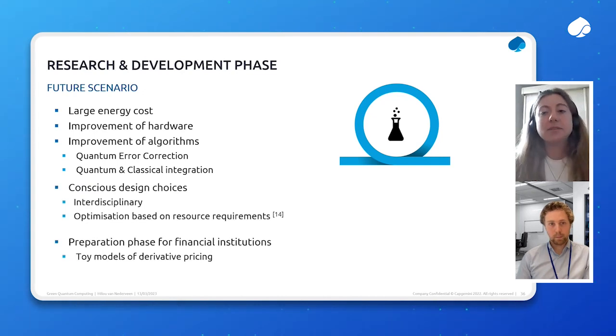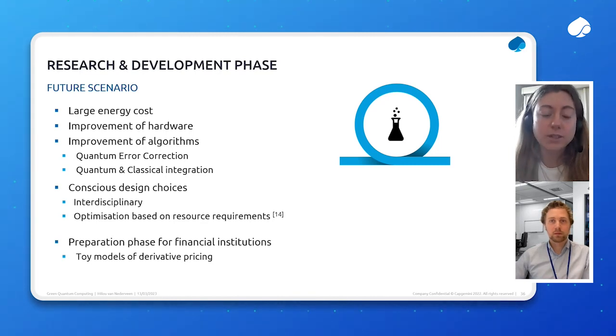At the same time, we believe that during this phase, it's already very important to make conscious design choices for designing the future quantum computer. And this requires an interdisciplinary approach, which then requires optimization based on resource requirements as well, so that you can optimize your system based on decreasing the power consumption.